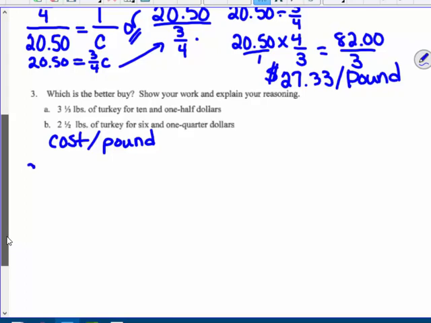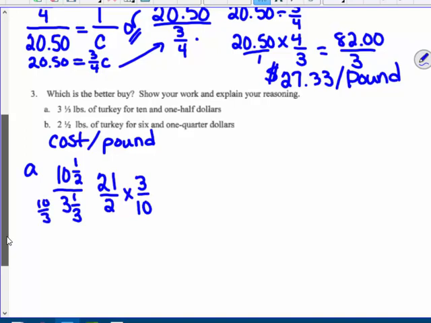So for A, 3 1/3 pounds cost $10 1/2. So 10 1/2 divided by 3 1/3, which would be 21/2 divided by 10/3, which is times 3/10, because this is 10/3, and I would multiply by the multiplicative inverse, which would give me 63/20ths.